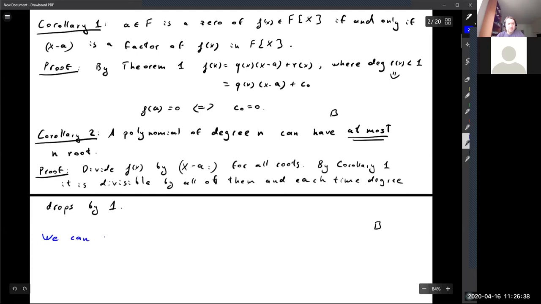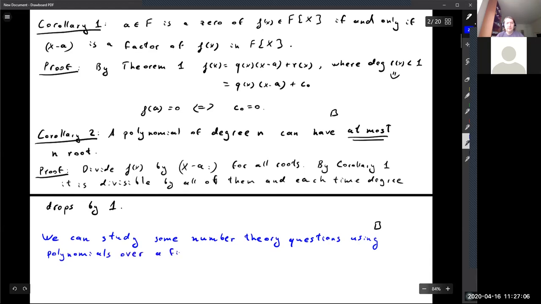And the best illustration of that, which is fairly simple, would be corollary 3.